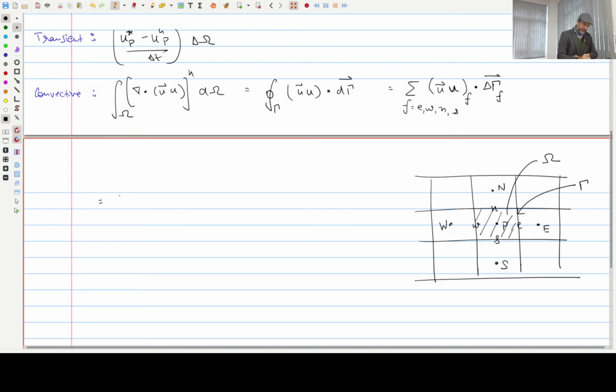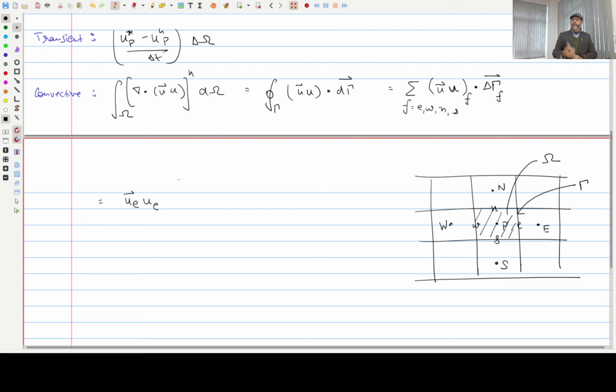On the eastern face, we have u vector east, u east, and then what is delta gamma on the eastern face? Let's talk about the magnitude. What is the area of the east face? Delta y.